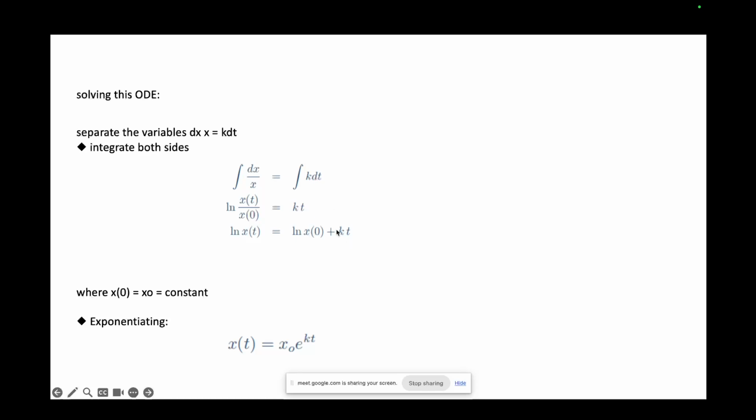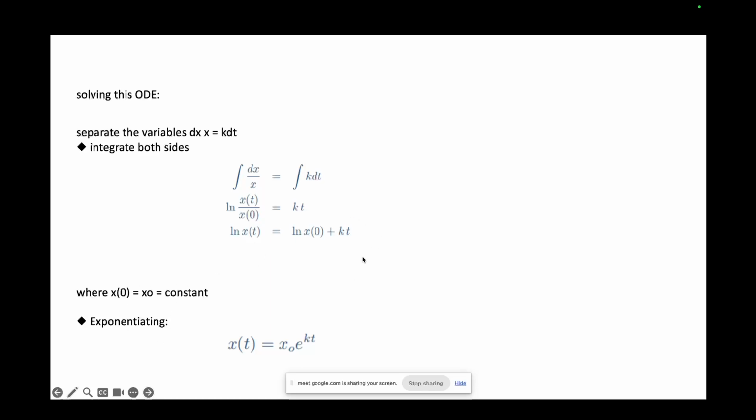And x naught is the initial condition of the system, basically telling you that you started from this amount of substrate or protein or whatever molecule you're trying to study. It's a constant, giving you the boundary condition of this particular reaction.